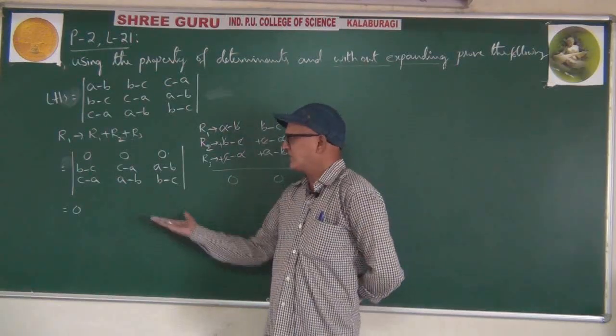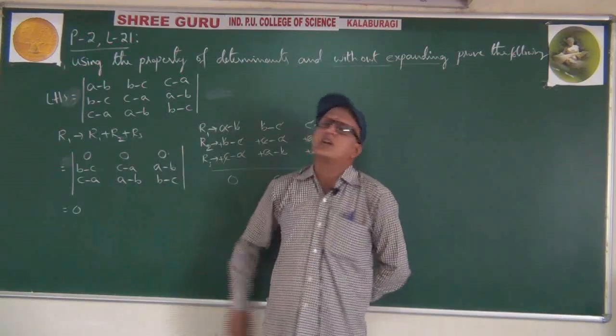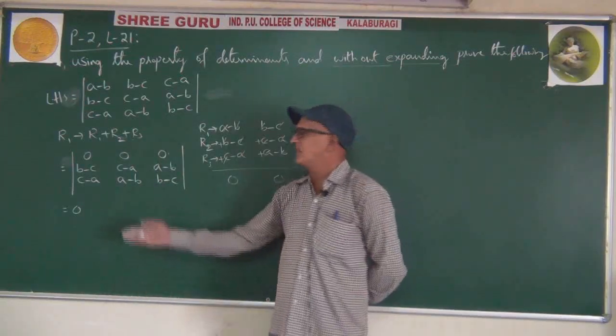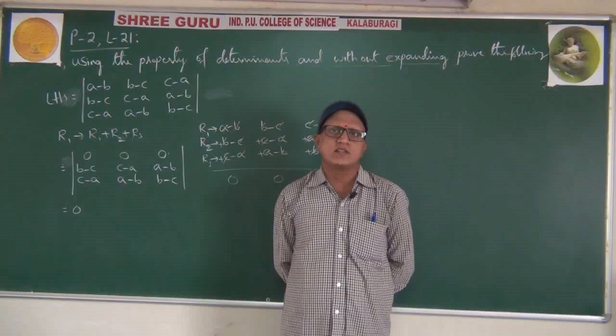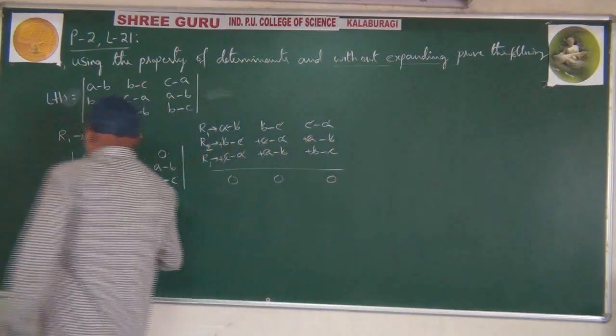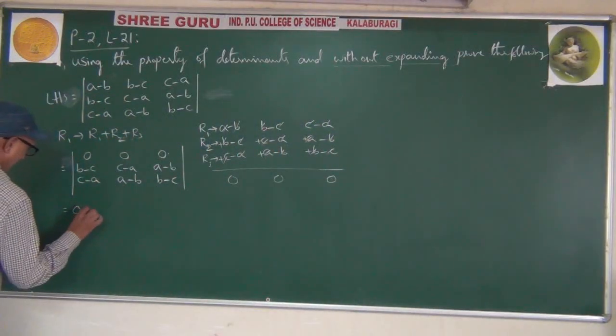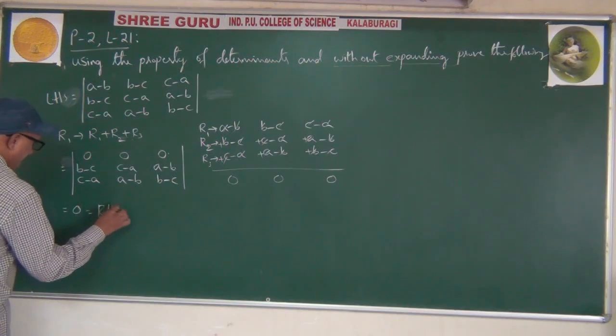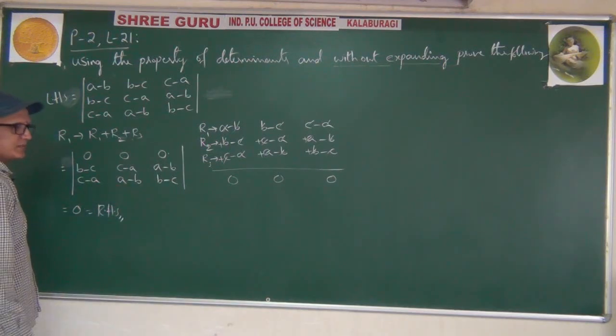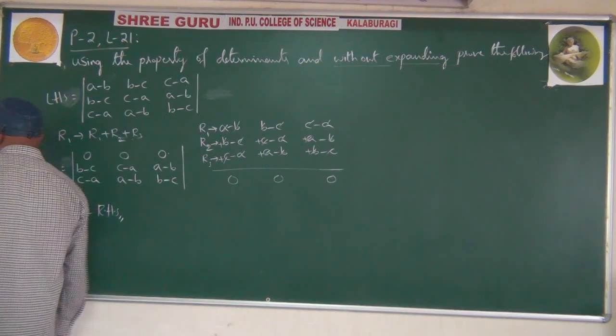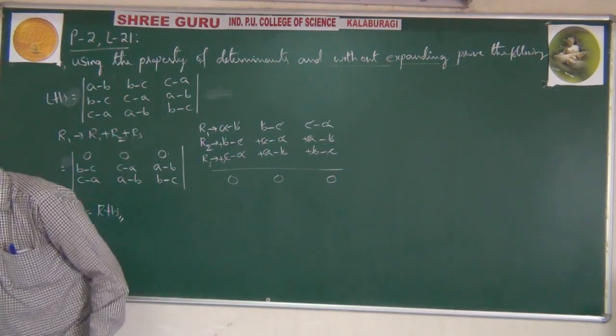Here it is not necessary to write anything, because 3 zeros are there in a row. That is understood, the answer is C. That's it. Okay, now next question.